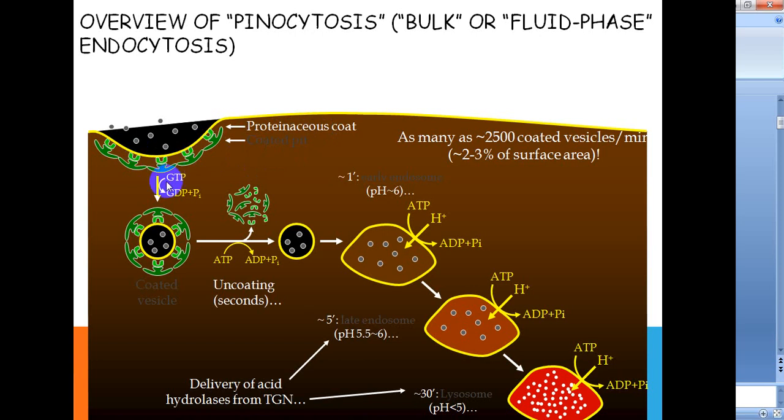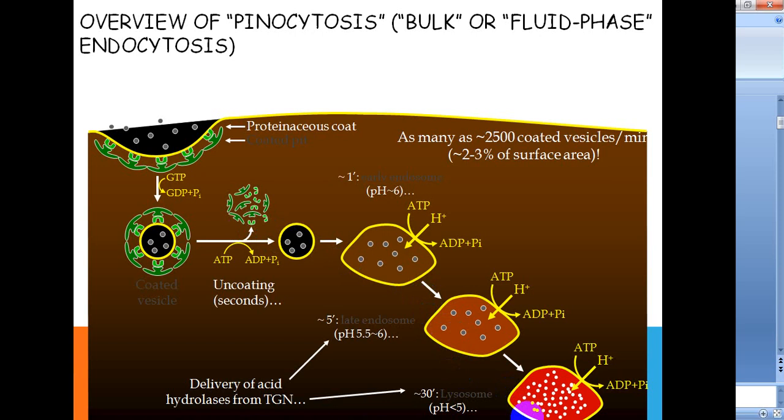This coated pit is pinched off, and then the proteinaceous coat is released, and the early endosome and then the late endosome are formed, and during that process the molecule is digested.